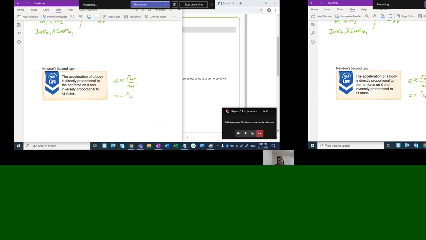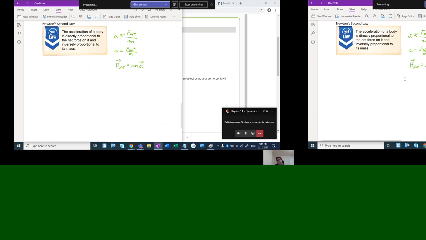So it's equal. If you rewrite this, you get this. If you multiply by m on both sides, m goes away from here and goes over here: F net equals ma. Acceleration is a vector, force is a vector, mass is not a vector.